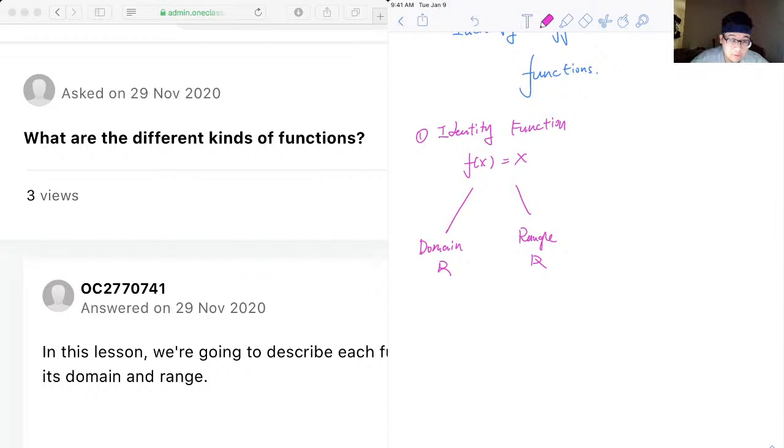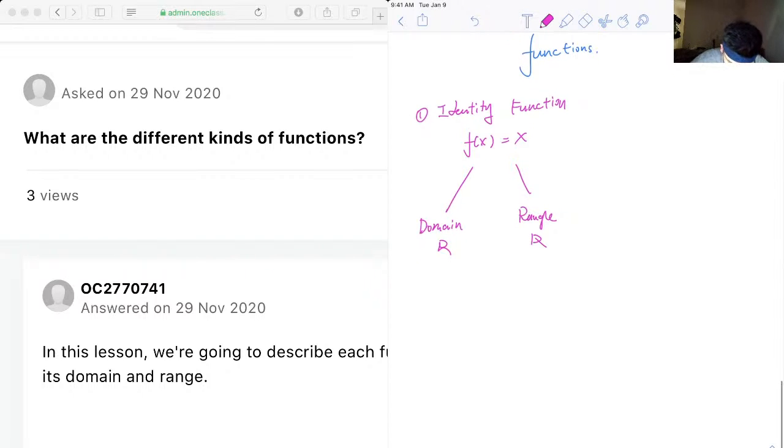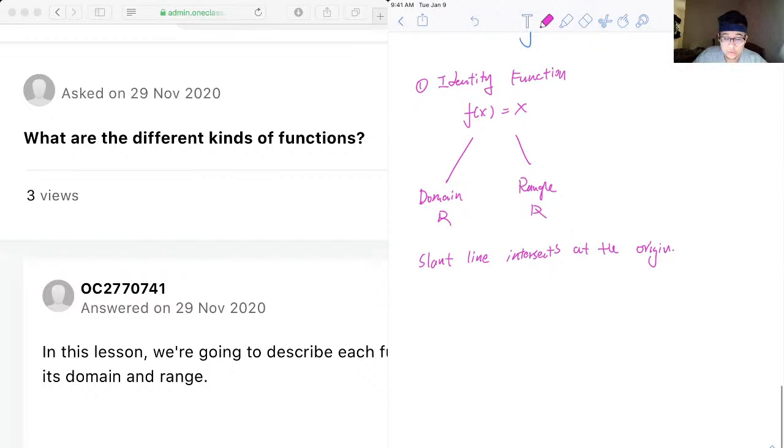And the graph is a slant line that intersects the origin, because when you substitute x = 0, you will get f(x) as 0 as well.